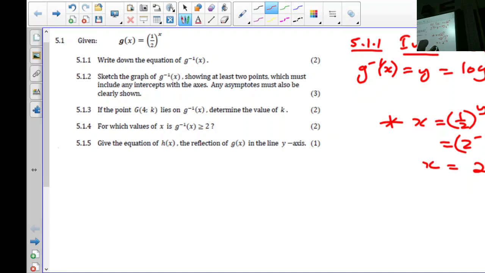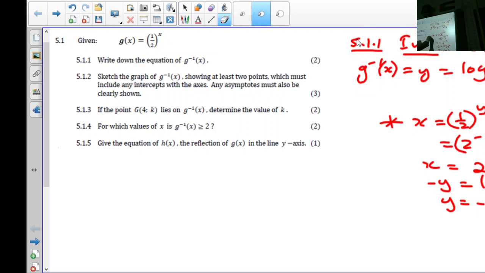Okay, so in log form it's going to be negative y is equal to log x base 2. Of course, you want that to be positive, so it's negative log x base 2. Okay, so these are equivalent solutions. You can either have it in that form or in the latter as I have it there.